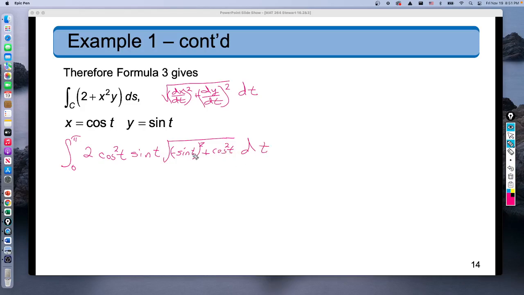This becomes sine squared plus cosine squared. That's 1. The square root of 1 is still 1. So that was kind of cool. That's why this parameterization is really very helpful.